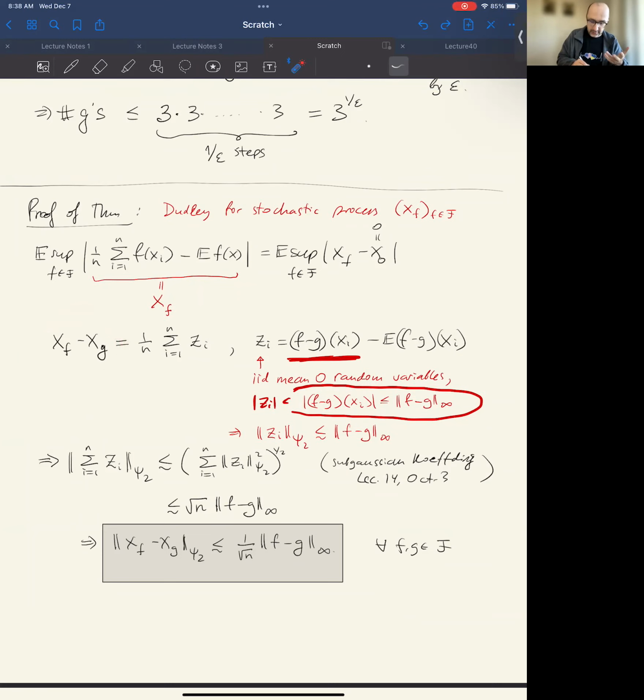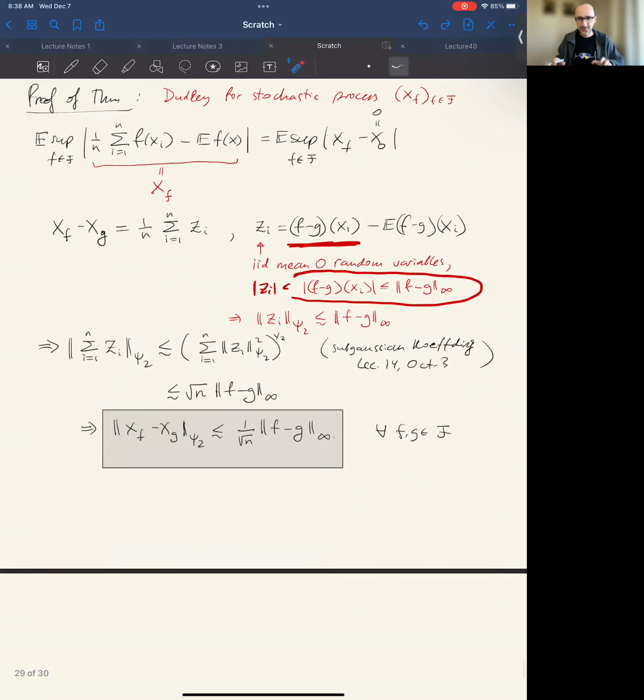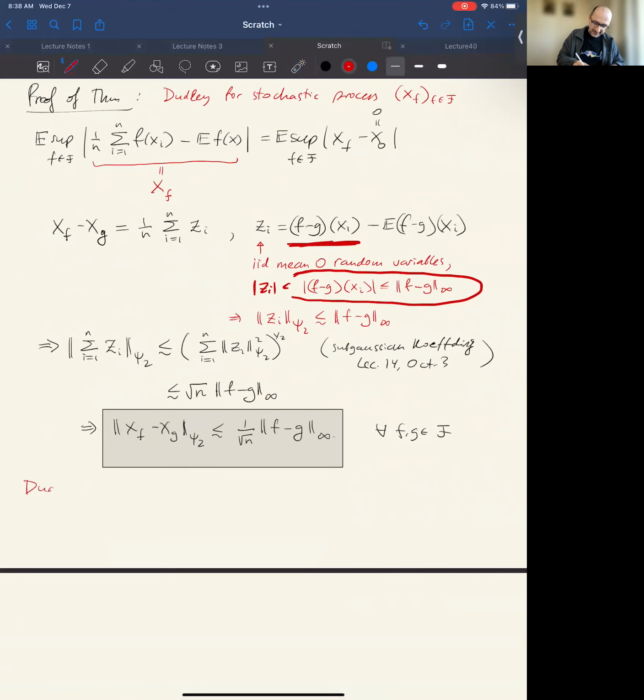So that's what we have checked now, that the increments are sub-Gaussian. Why? Because they're naturally expressed as a sum of independent, identically distributed mean zero random variables that are bounded. And so concentration inequalities apply, and so the sum is sub-Gaussian. That's what we did, literally. One line, we're done. Apply Dudley.